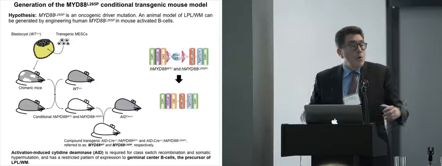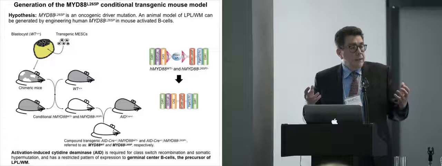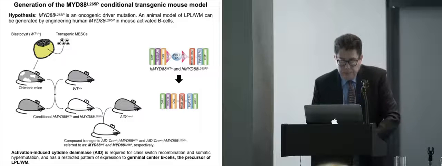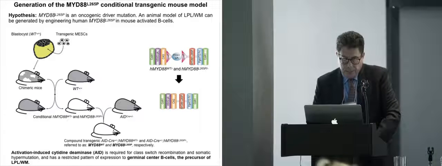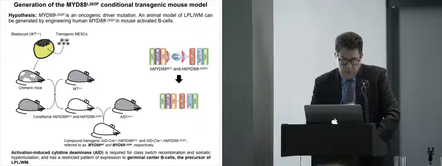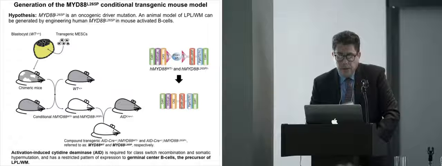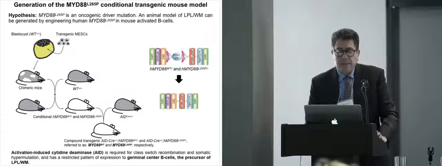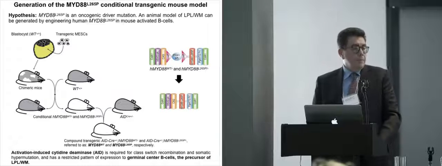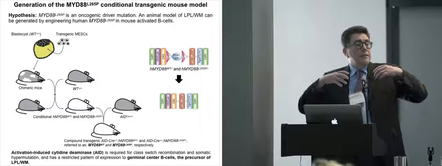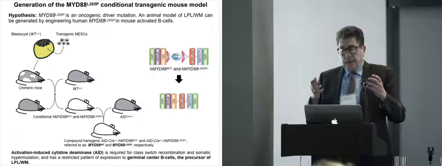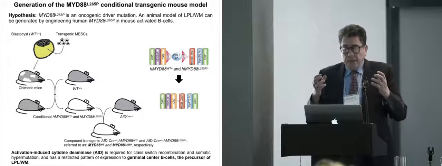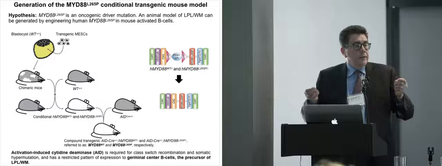And how do we express this protein in germinal center B cells? We cross our mice carrying this mutation with a mouse that has been generated that is called AID-CRE. This animal has been engineered many years ago by other scientists. And what this animal is doing is expressing CRE, a recombinase.